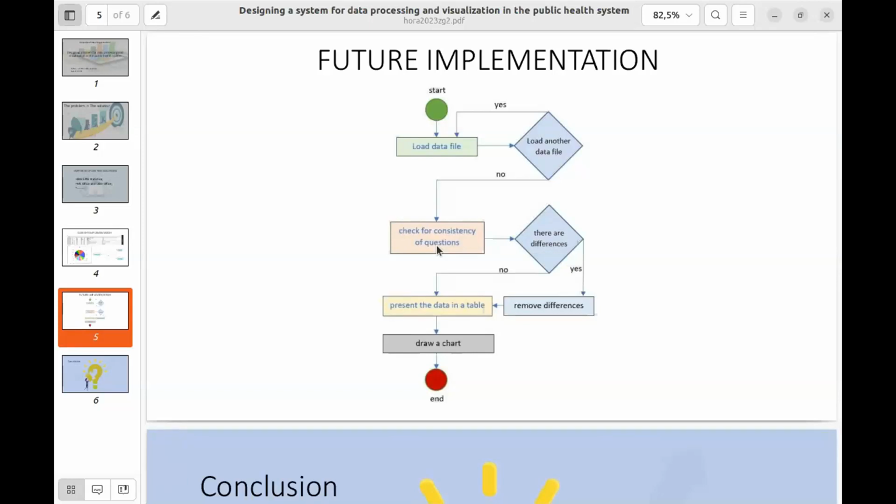The questions contained in the individual files will be compared for uniformity. If in one survey they follow the same order, but in another the order is reversed, this will not be a problem. In the output, they will be stored.